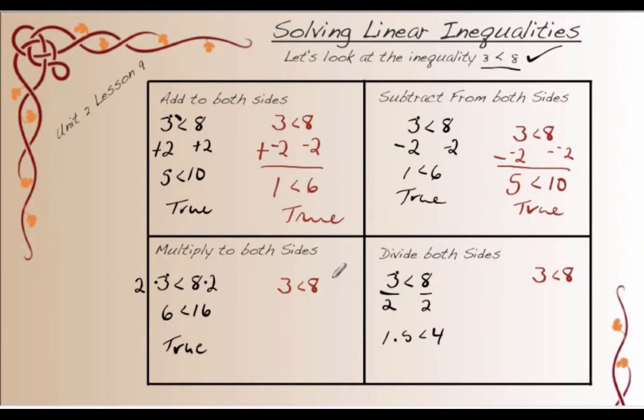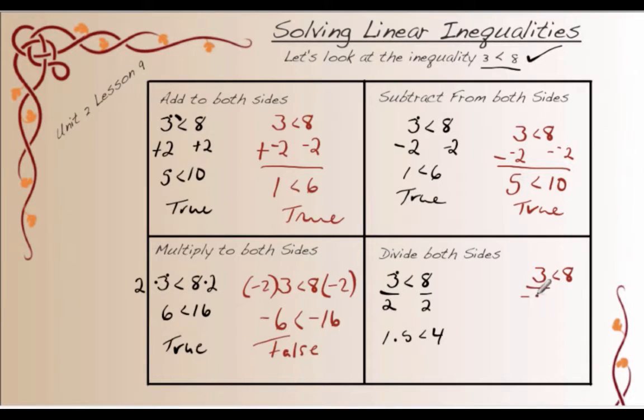But look what happens here. If I multiply by a negative 2 here, we get negative 6 is less than negative 16. And we know that is a false statement. So we've run into a bit of a problem.